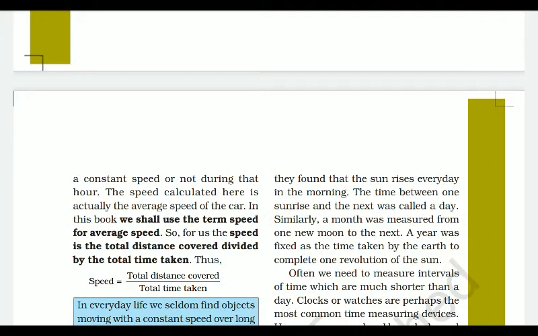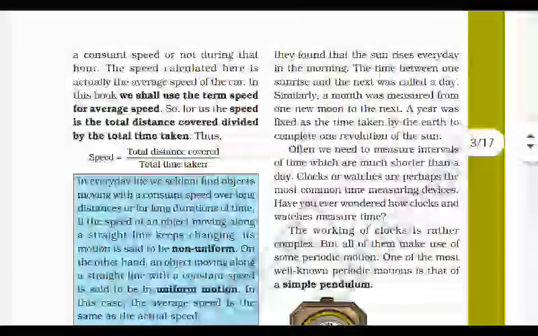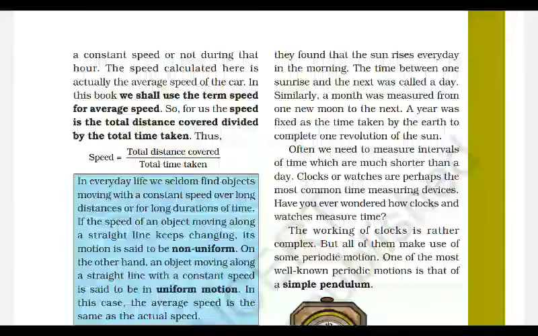So for us, speed is the total distance covered divided by the total time taken. Thus, speed is equal to total distance covered divided by total time taken. Now, in everyday life, we seldom find objects moving with constant speed over a long distance or for a long duration of time.